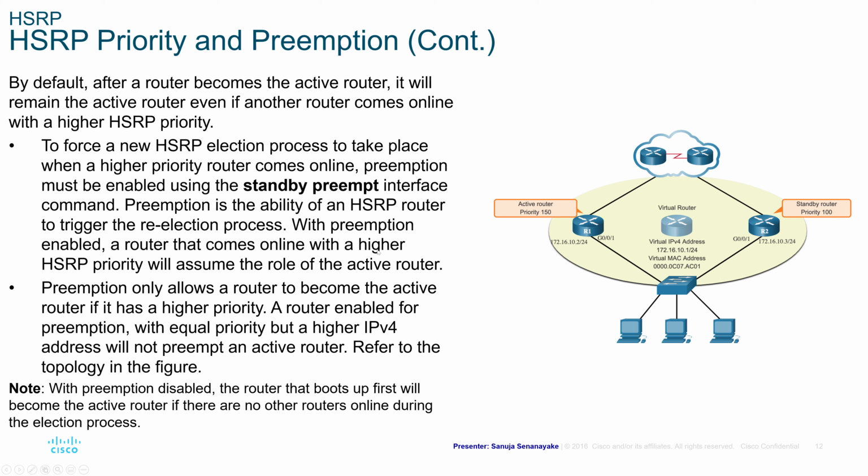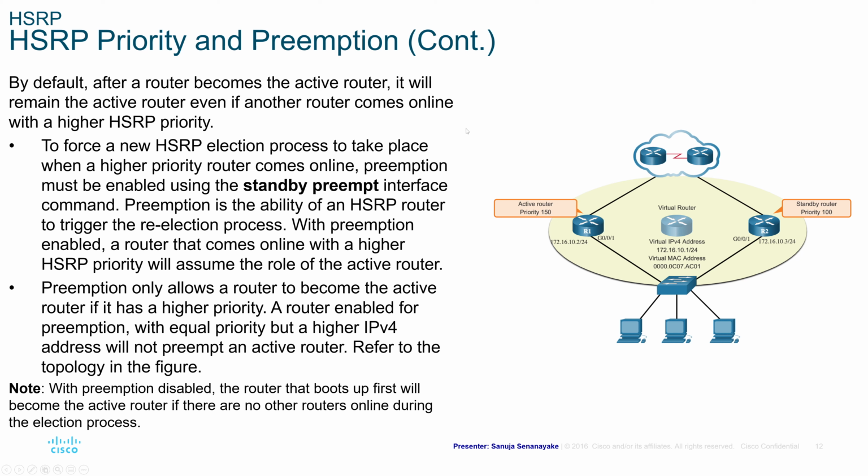So again, I'm going to repeat that. Preemption only allows a router to become the active router if it has a higher priority. A router enabled for preemption with equal priority but a higher IPv4 address will not preempt an active router. Remember that, that's very important. Please note, with preemption disabled, the router that boots up first will become the active router if there are no other routers online during the election process.